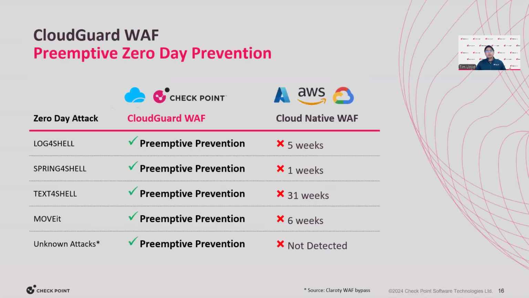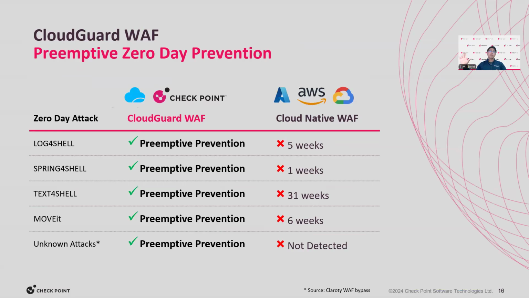One of the things that we're very proud of with CloudGuard WAF is that it blocked all of these attacks when they were 0-day attacks. If you recall, Log4Shell, I think that was November of 2021. CloudGuard WAF is the only technology on the planet that blocked it while it was still a 0 day, while it was still unknown.